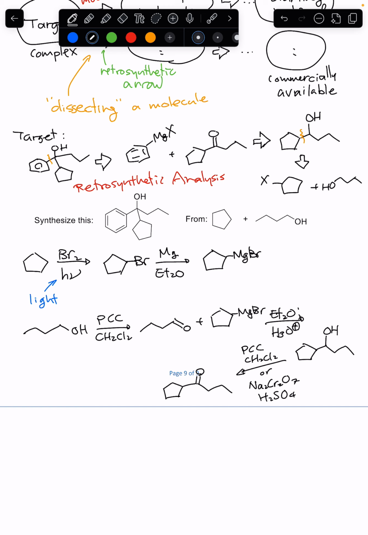And then finally, if this gets treated by phenyl Grignard, that's the abbreviation for this guy, perhaps with the bromine, and then followed by acidic aqueous workup, that will give us the product that we are after, right?